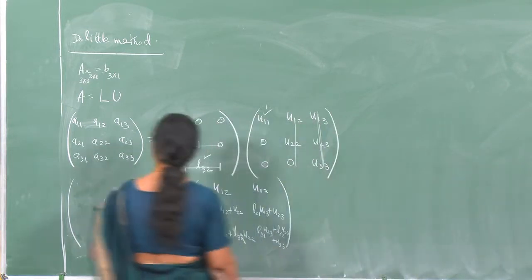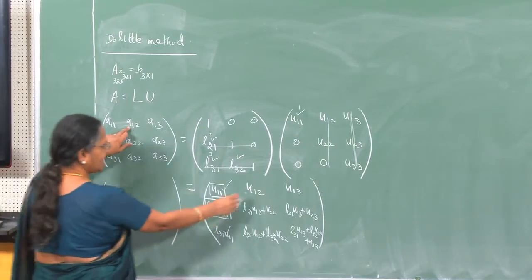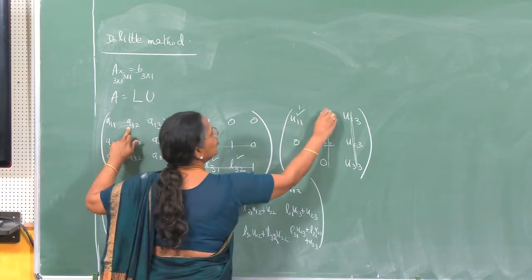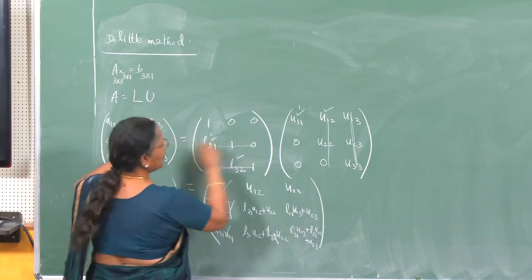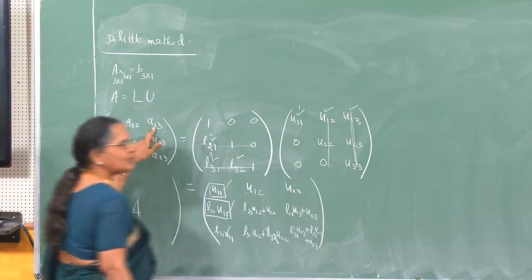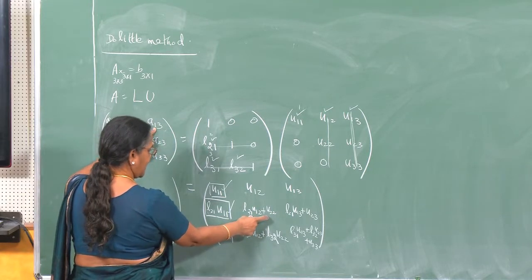Now, you move over to U12, that is A12, that is immediate. So, you get U12 and then U13 is A13, so determine that also. Now, you move over to this.